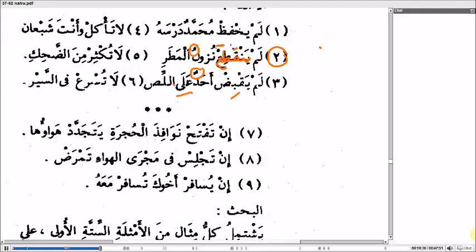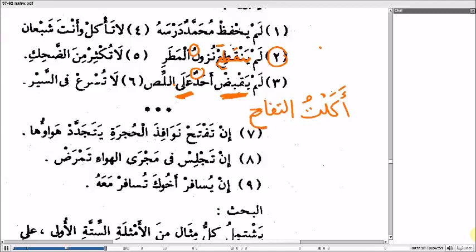The criminal basically. على, because يقبض requires some type of harf jar, right? You don't just say, for instance, you can say أكلت التفاحة, right?